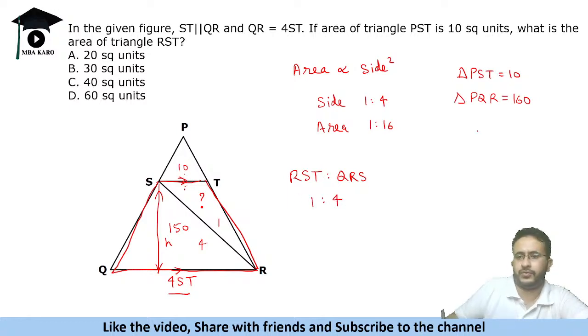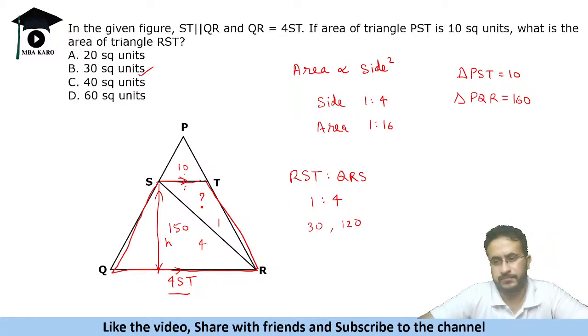Their total is 150, so this will be 30 and 120. So RST will be 30 square units. Right, so that is the answer.